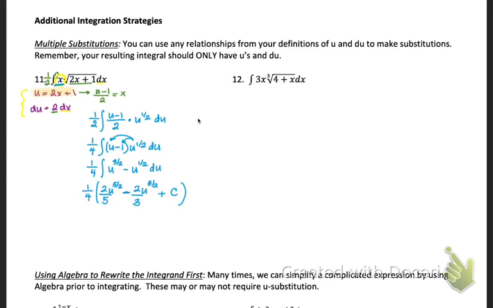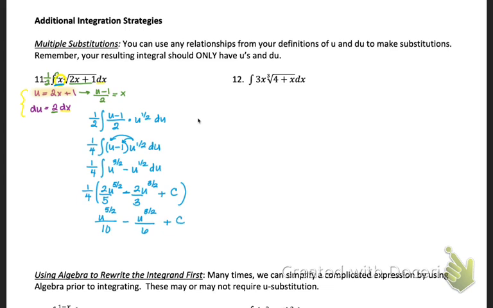So when I distribute here, notice the 2's on top are going to simplify, 2 over 4 to 1/2. So what I'm going to get is U to the 5/2 over 10. 2 over 4 is 1/2, and 1/2 times 1/5 is 1/10. Minus, for the same reason, U to the 3/2 over 6, plus our arbitrary constant C.